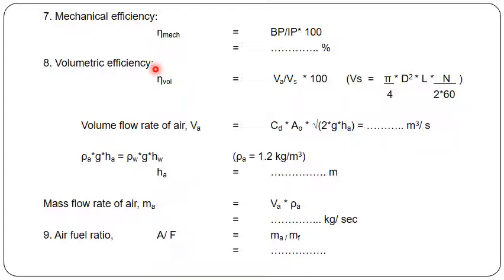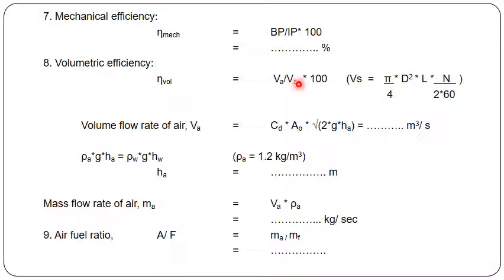But because of hot gases present in the engine, high temperature of the cylinder, because of the friction or because of the combustion, the volumetric efficiency is never 100%, it is always less than 100%. So we should calculate this value, and this value should be higher. It is given by the ratio of actual volume which is sucked in divided by the capacity of the engine, which is equivalent to swept volume.